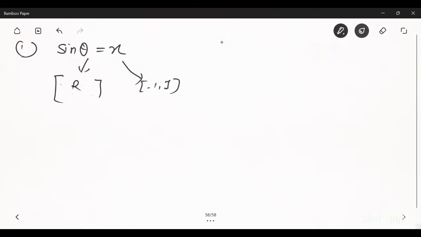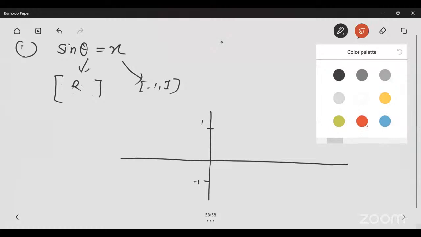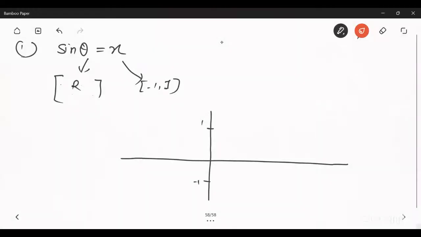So if you see the graph of sine theta, here is 1, here is minus 1. So you always get the graph of sine theta like that. 0 to pi by 2, now at pi, 3 pi by 2.